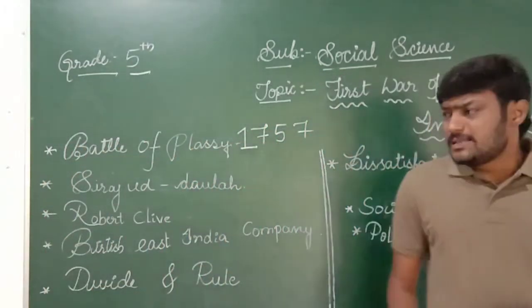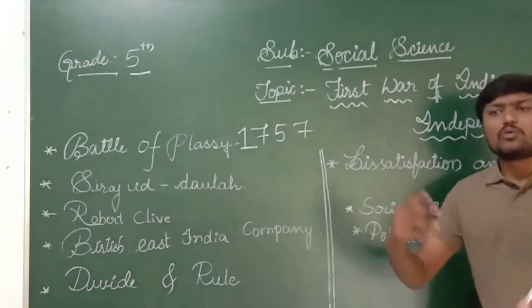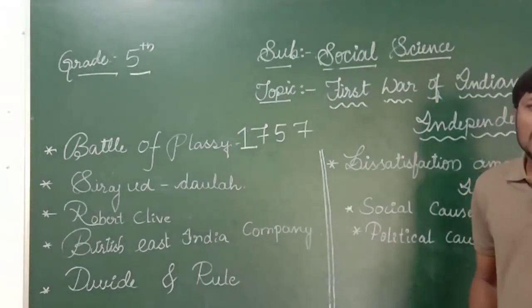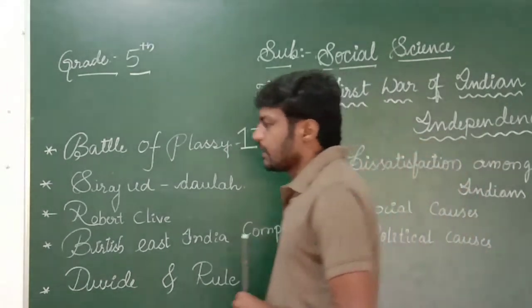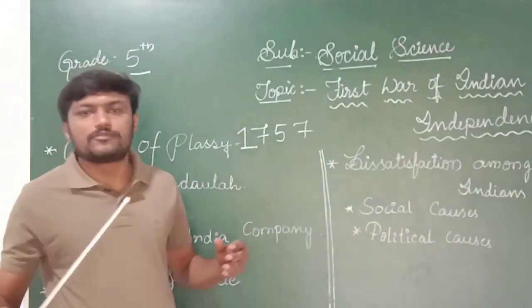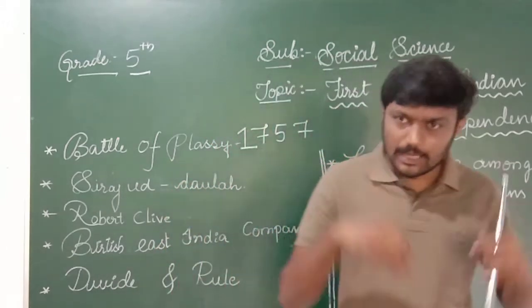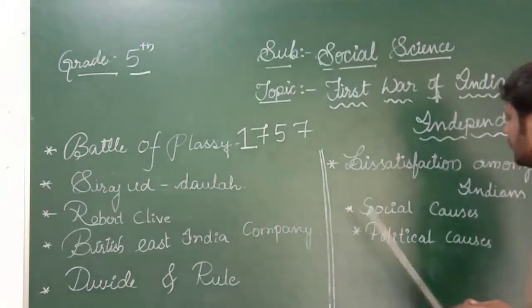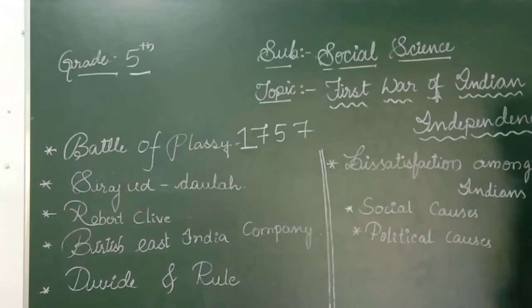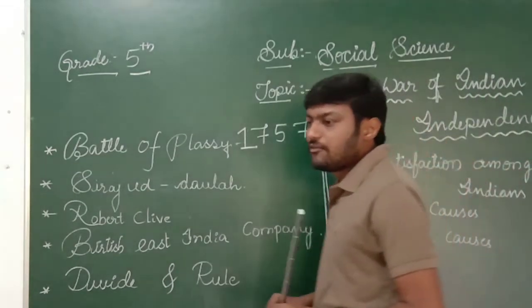I mean, see, if any outsider is ruling our country, getting very much profit from us, while we are getting very big loss from them, it is a very common issue. We are going to face dissatisfaction among the Indians, because the Indian rulers suffered a lot.